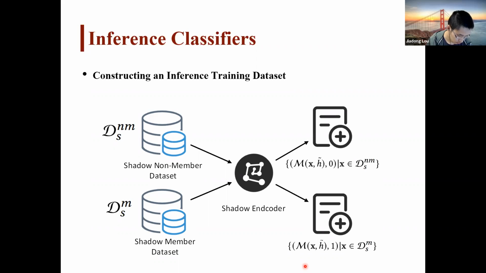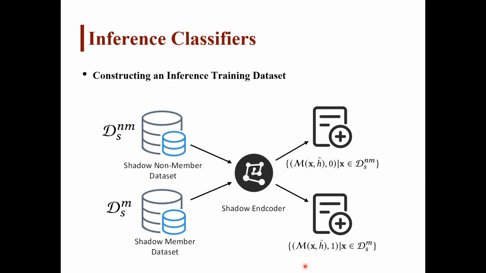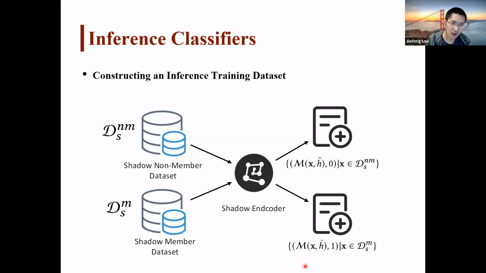They are two popular and state-of-the-art contrastive learning algorithms. And for the shadow encoder, which algorithm are they using? If the inferior knows the knowledge about the algorithms, they will use the same one. If the inferior doesn't know this knowledge, they will use a different one. Okay.